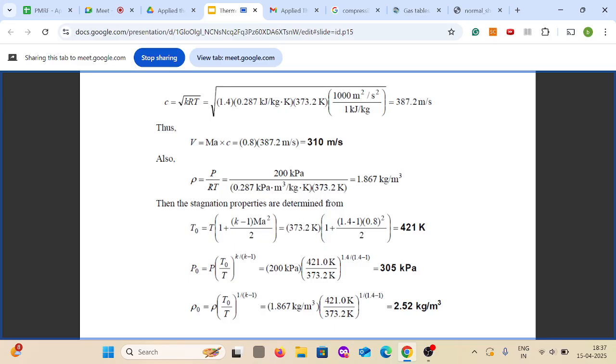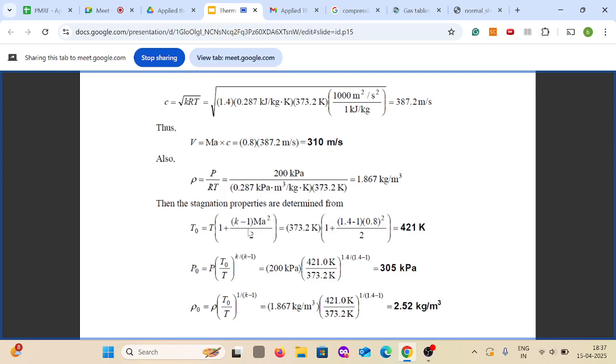And similarly your stagnation density is rho times (T naught by T) raised to power 1 by (gamma minus 1). So rho is 1.867 multiplied by the ratio 421 by 373 raised to power 1 by 0.4, which comes out to be 2.52 kg per meter cube.